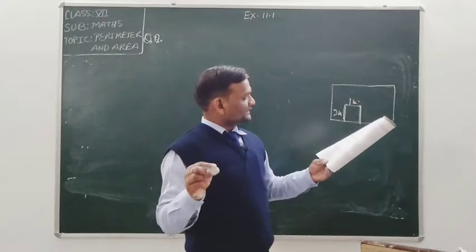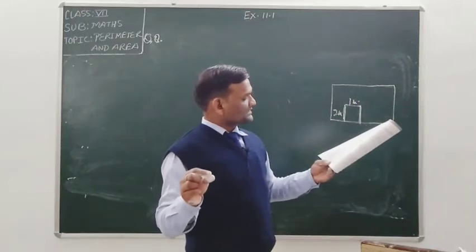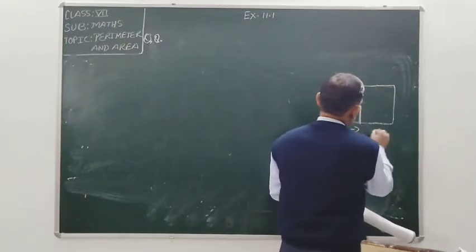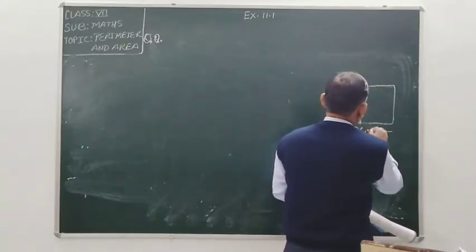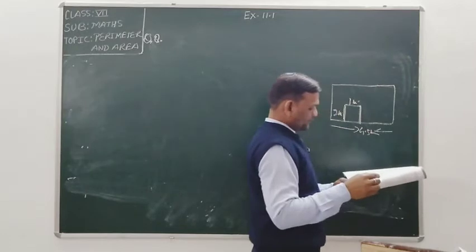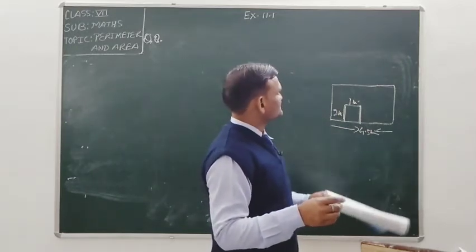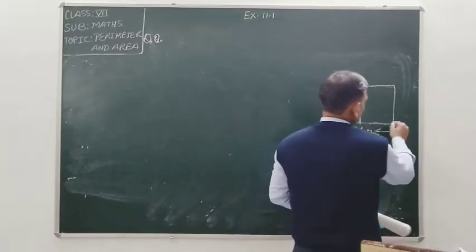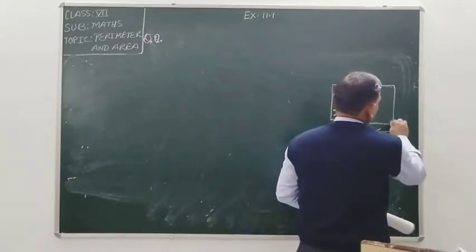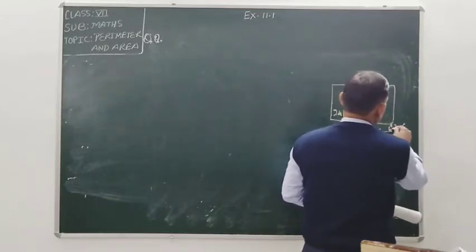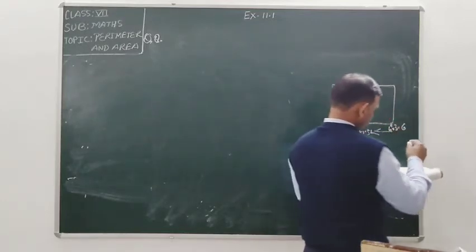The question is saying the length of the wall is 4.5 meter and breadth is 3.6 meter. This is breadth, 3.6 meter.